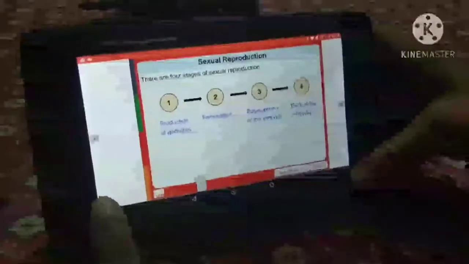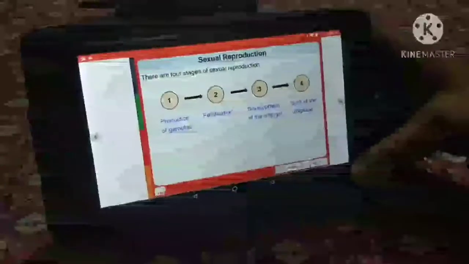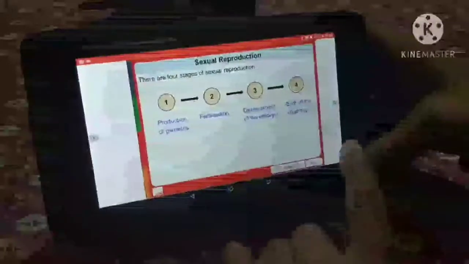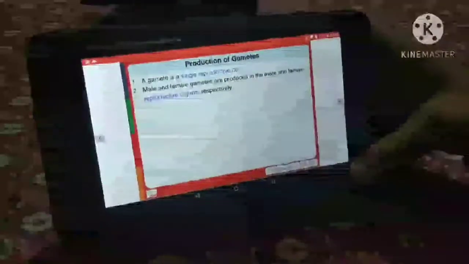Sexual reproduction stages are four. First stage is production of gametes, second is fertilization, third is development of the embryo, and fourth is the birth of the offspring. Production of gametes. A gamete is a single reproductive cell. Male and female gametes are produced in the male and female reproductive organs respectively.